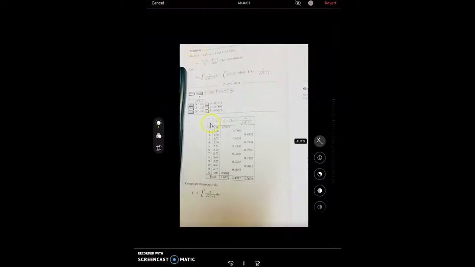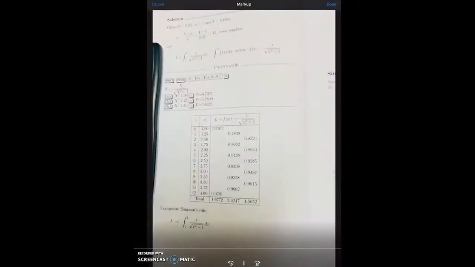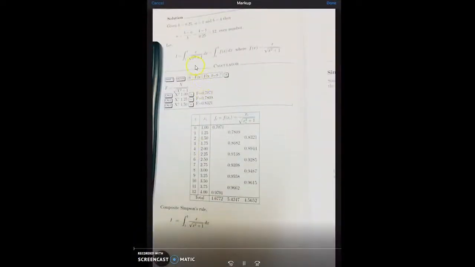You have 12 sub-intervals, not 12 iterations, but 12 sections or segments. In this case, please use your calculator to input the value x divided by x squared plus 1. This is your f(x). Set x divided by x squared plus 1 in your calculator.